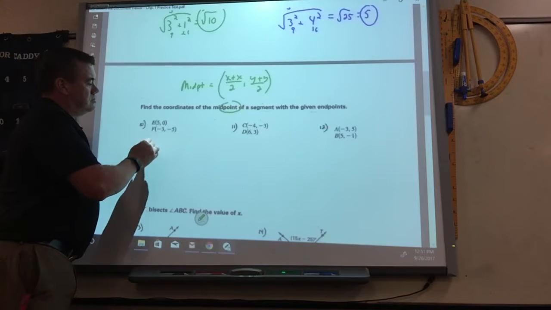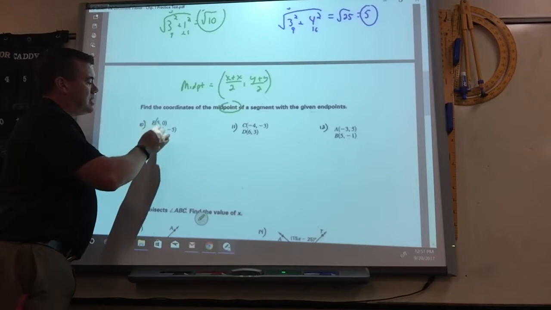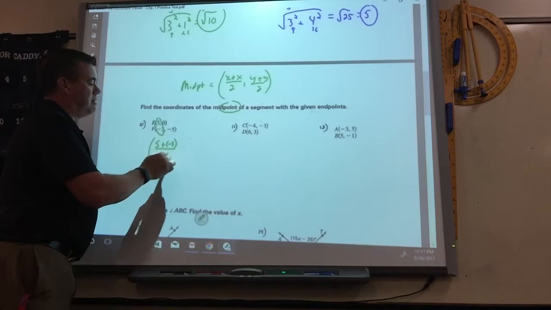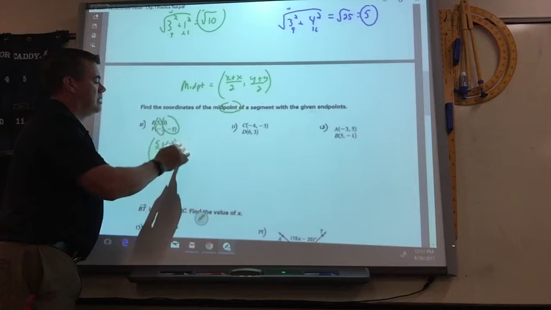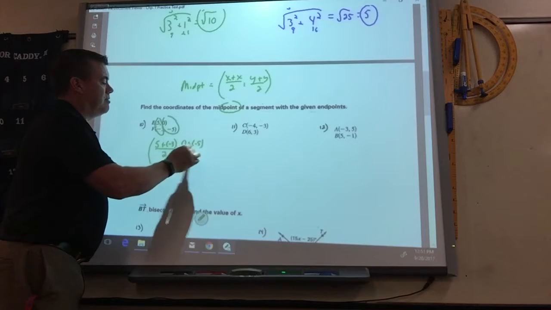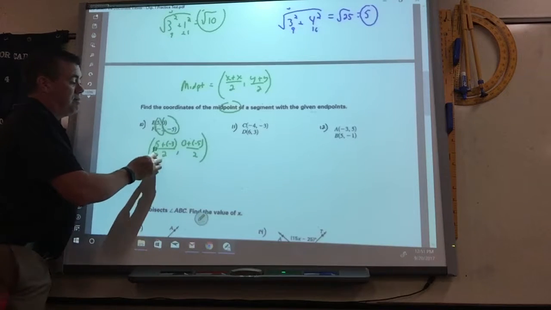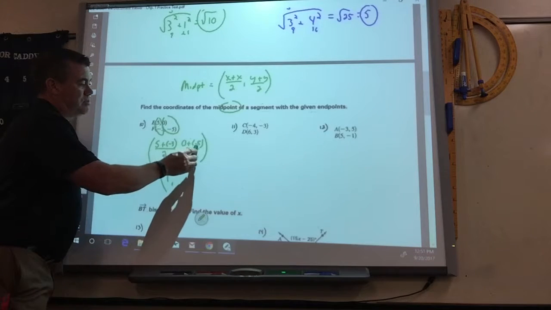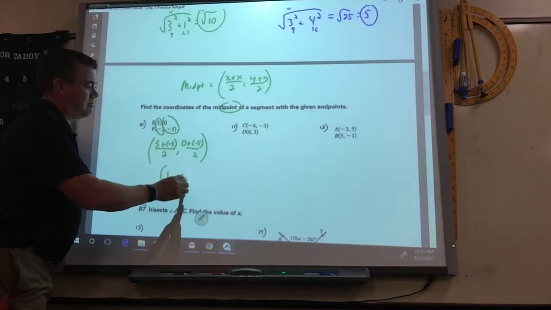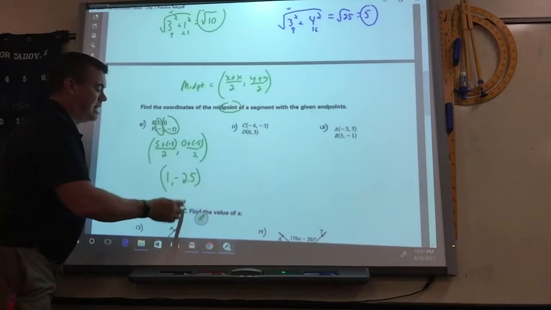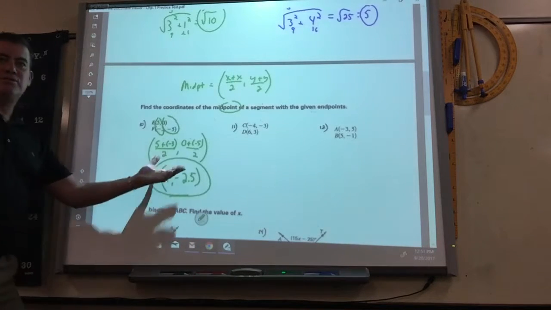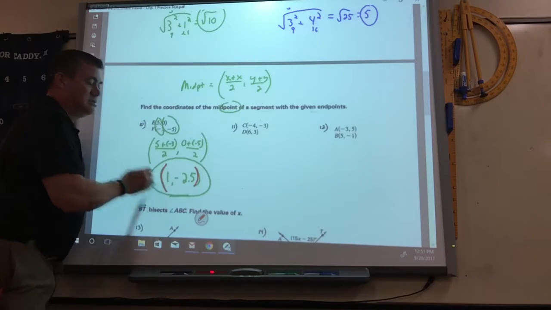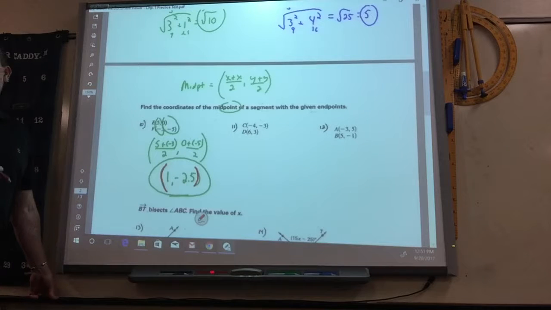So we take 5, x plus x, 5 plus negative 3 divided by 2, and 0 plus negative 5 divided by 2. 5 plus negative 3 is 2, divided by 2 is 1. 0 plus negative 5 divided by 2 is negative 2.5. Again, if you don't put parentheses around it, you get a point off. Because it is a point, it's a coordinate.